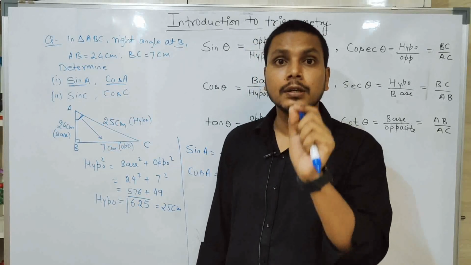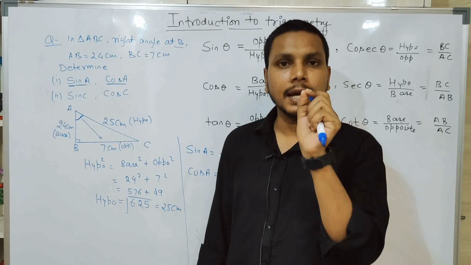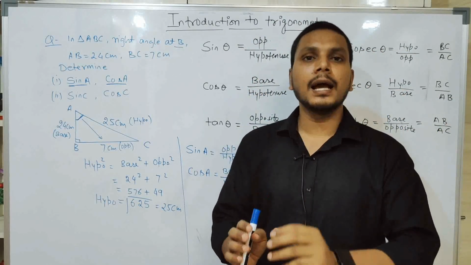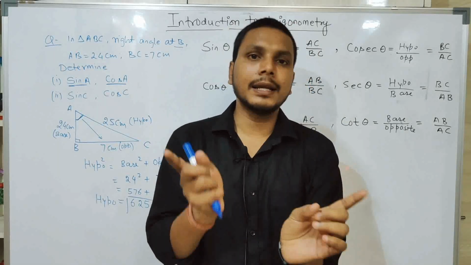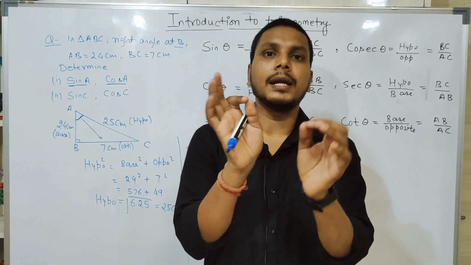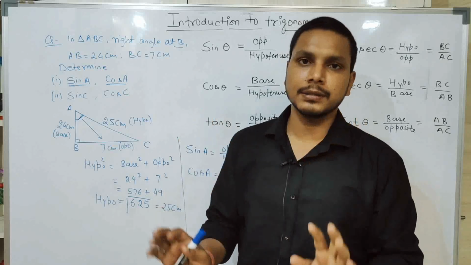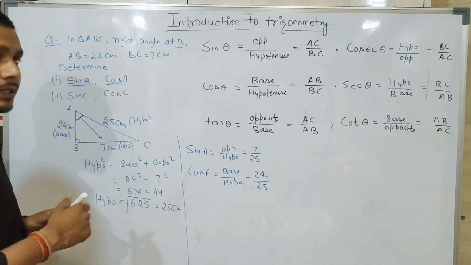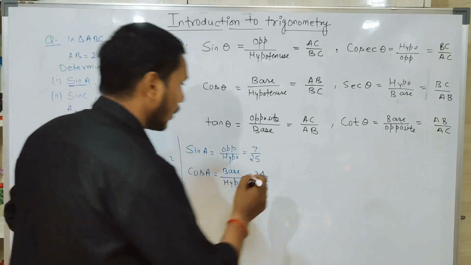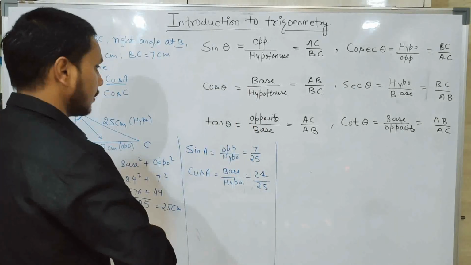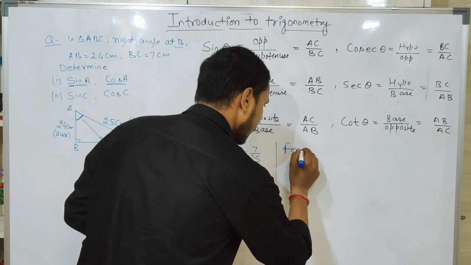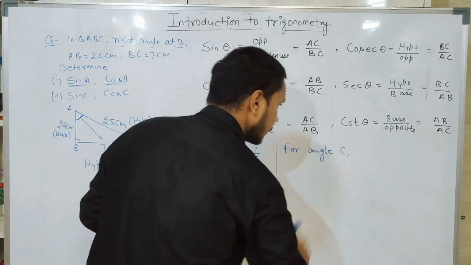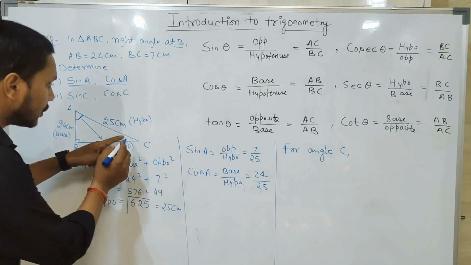And we know that when you change the angle for finding the trigonometry ratio, only the base and opposite get interchanged with each other and hypotenuse remains. Okay, so here what will happen, base and opposite get interchanged. Now for angle C, tell me opposite to angle.